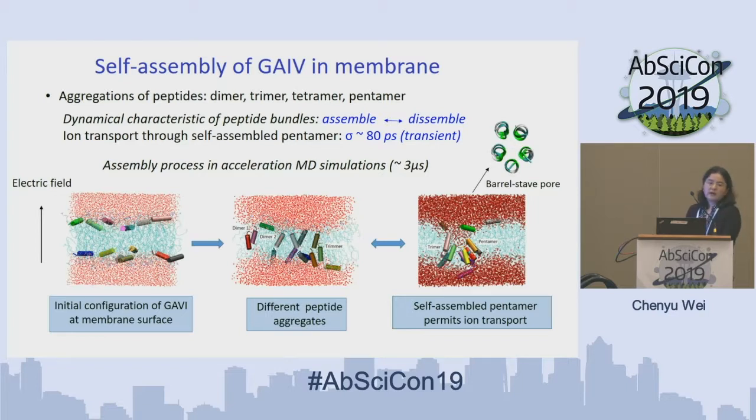We observed ion conductance through this water pore. However, I have to mention that such an oligomer structure, although it can conduct ions, is rather transient. Not only can it form a pentamer or trimer structure, it can disassemble back to its original disordered state. So it is a very dynamic aggregation.